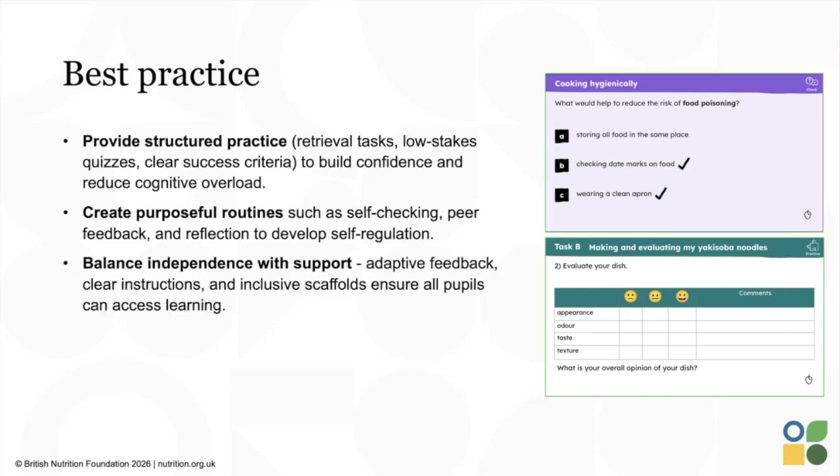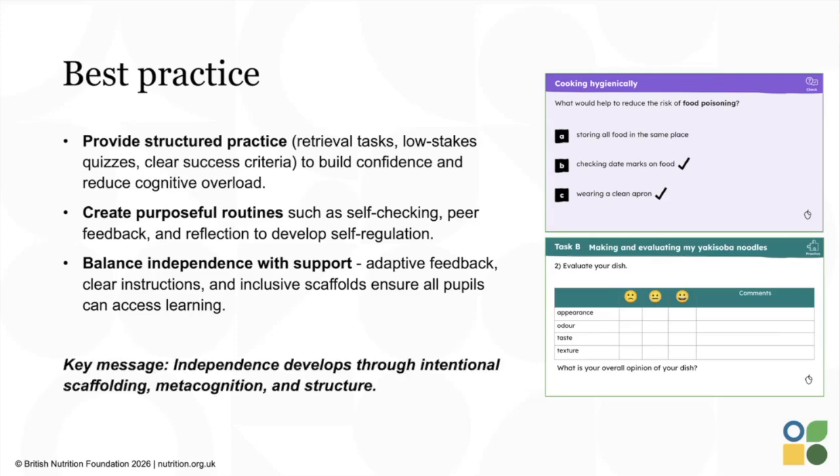And we're also just trying to build that independence with support. So there's some feedback, clear instructions, but that scaffolding in place just to make sure all pupils can access that learning. So one of the key things here then is that independence developed through intentional scaffolding, that metacognition, and also the structure of the resources that are being provided.